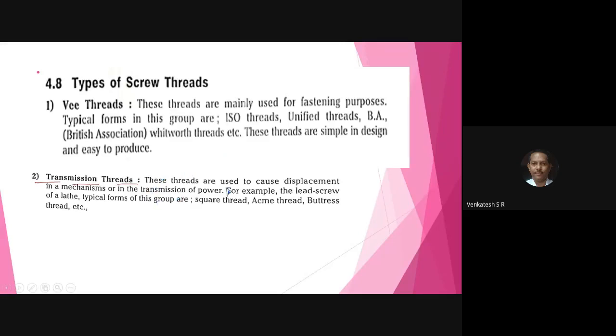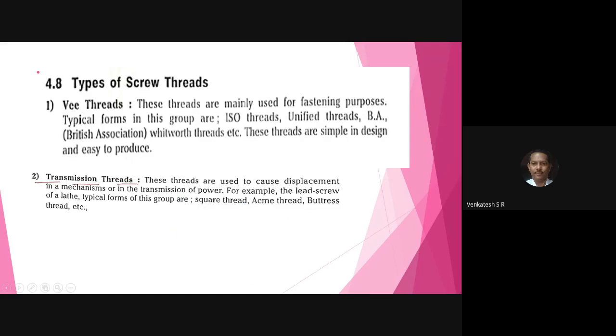Next, you come to the point, very important. All of you have seen the screw gauge. In the screw gauge, you can find the V thread. But in case of the lead screw of the lathe, there you have to use the square thread, and also you have acme thread, buttress thread, like that.